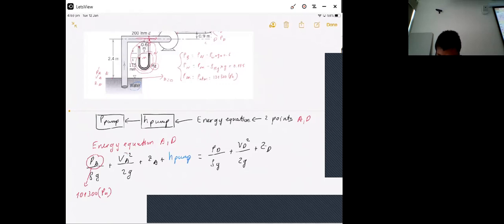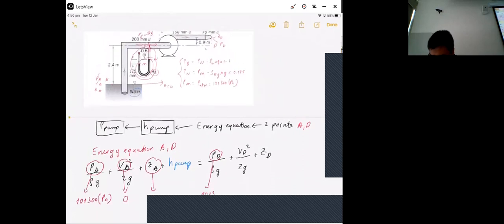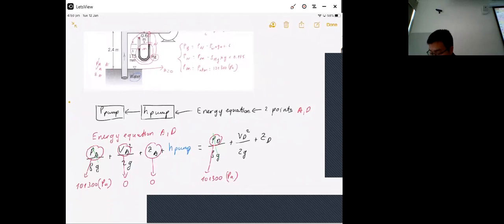VA is 0 because A is the water surface. That's A, 0. PD is also atmospheric pressure, 101,300 Pascal. So in this case, we can cancel out the pressure energy. Same.